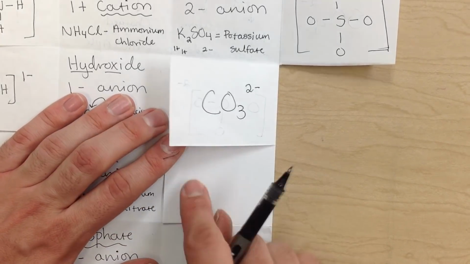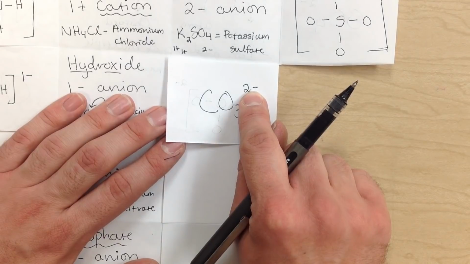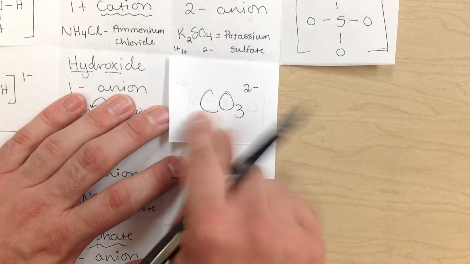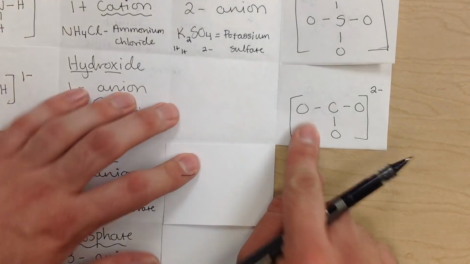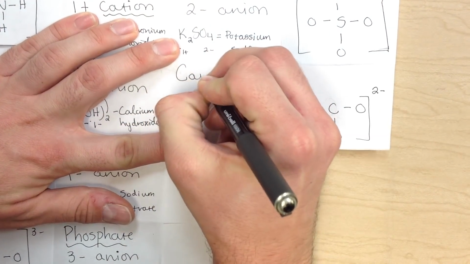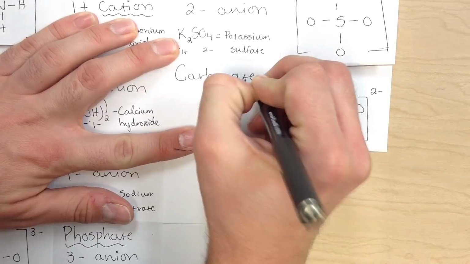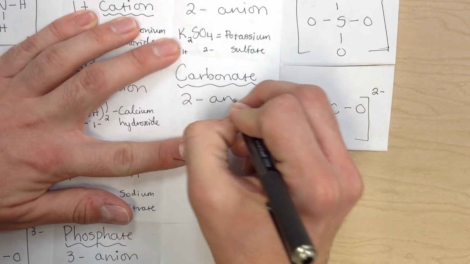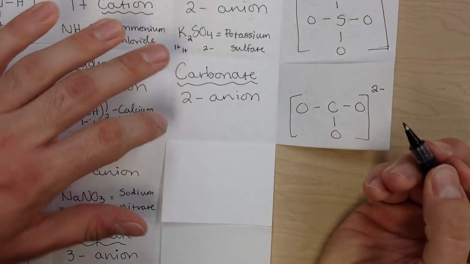You only worry about the charge because that's what ionic compounds are worried about. We're worried about the ions, not what that is. So this is referred to as carbonate when we name it. It is just like the previous, a -2 anion.